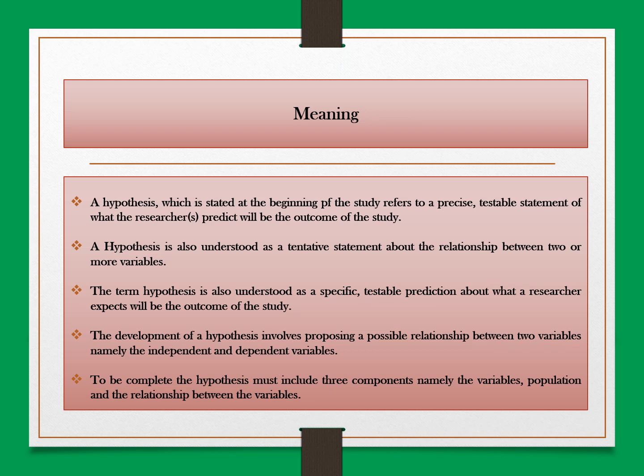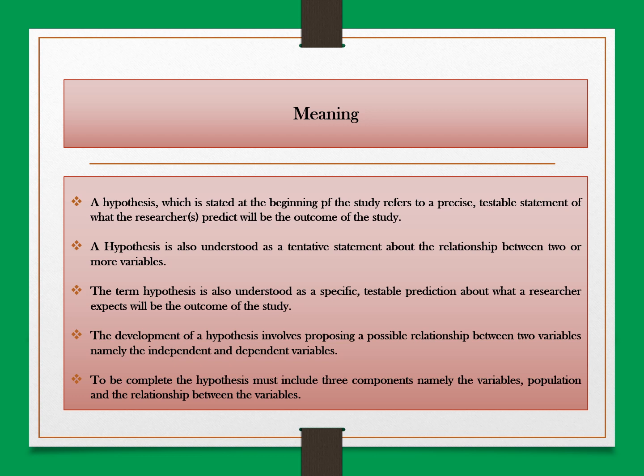The term hypothesis can be understood in different ways. For instance, a hypothesis is understood as a precise and testable statement of what the researchers predict will be the outcome of the study.